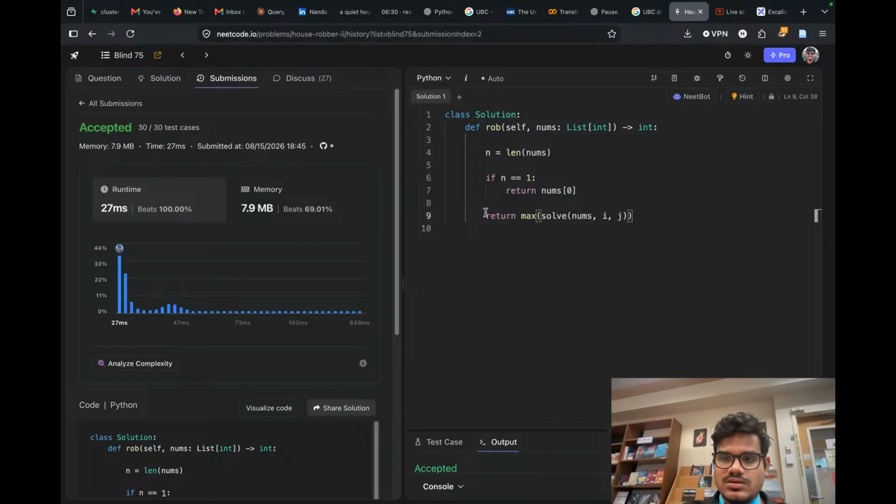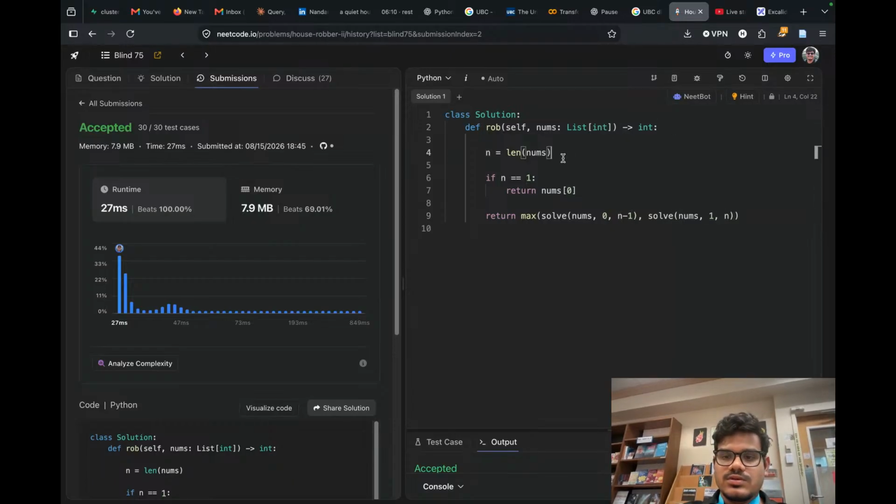So here it will be 0 and n minus 1, comma, solve nums 1 and n, right?